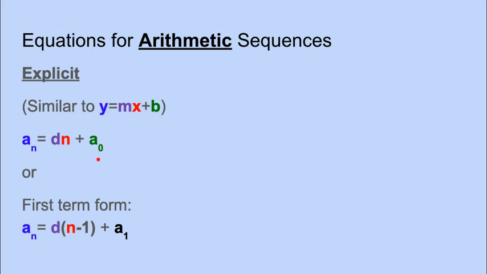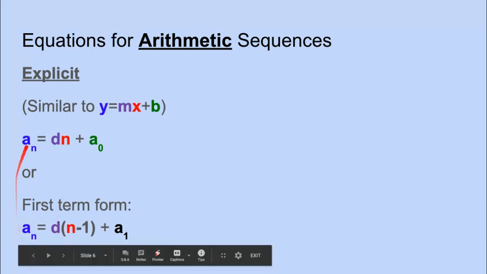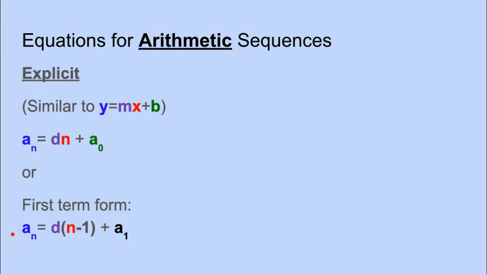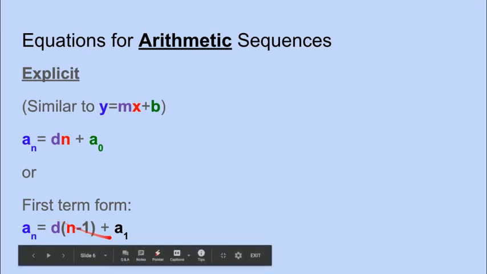The book also likes to use first term form, and we're going to prove later that these are equivalent. They're the same thing. But if you do a_n equals d times (n minus 1), and then you add the first term, those will be equivalent, so just be on the lookout for that.